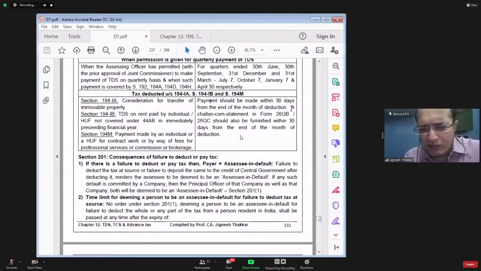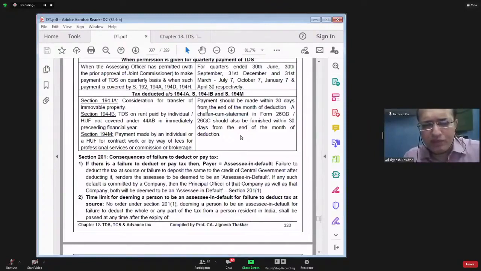Along with payment of this tax, this payer is required to submit a challan cum statement. They are not expected to file the TDS return separately. The income tax challan, which is used for making the payment of TDS, is itself the statement.